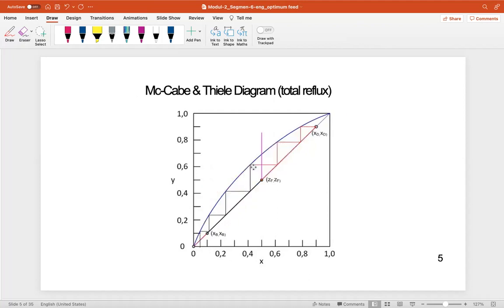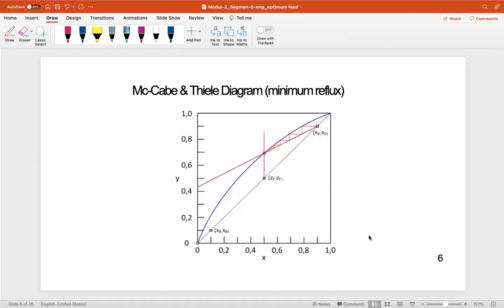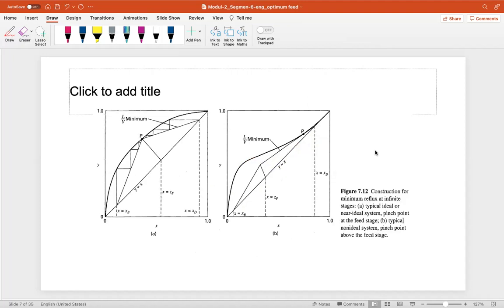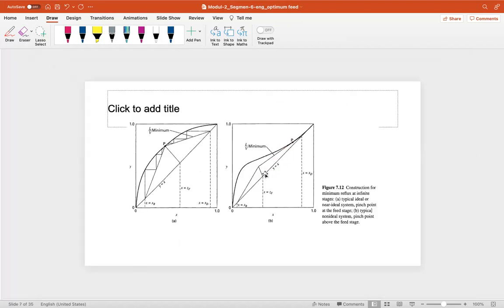And then again, there is a total reflux when the operating line is similar to the x equals y line. And there's also minimum reflux when the number of equilibrium stages is infinity. We knew this before. So I just want to add one more example.